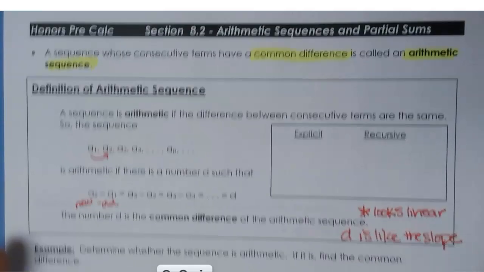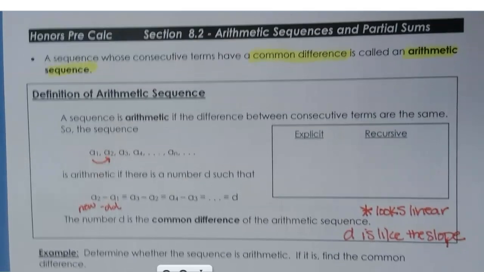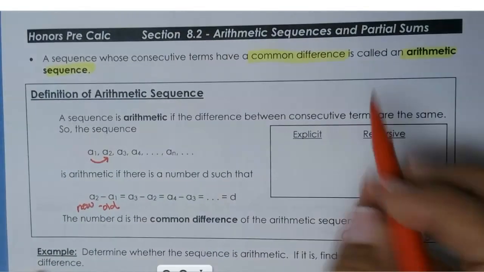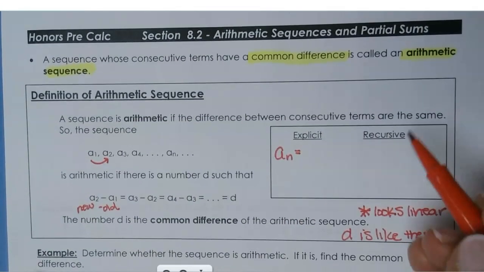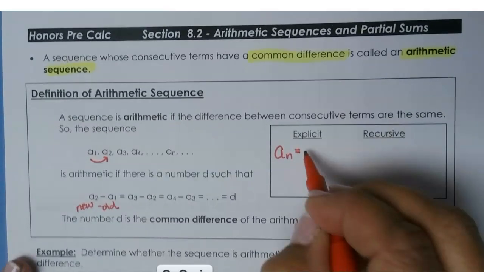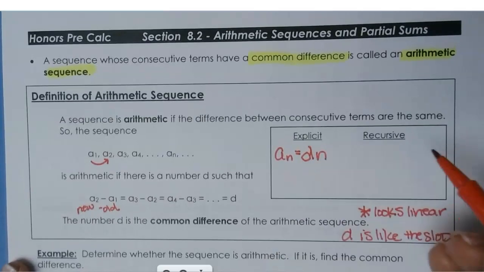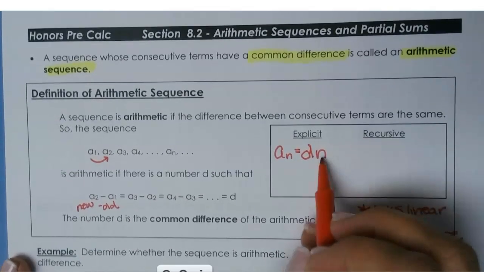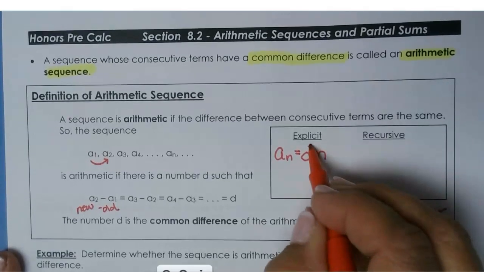So when we want to write an arithmetic sequence in explicit form, we're going to take a sub n. We're going to say that a sub n for our rule equals, and you know how slope-intercept form is y equals mx plus b? Well, instead of mx, we're going to say d times n. Remember, in sequences, our input is n instead of x.